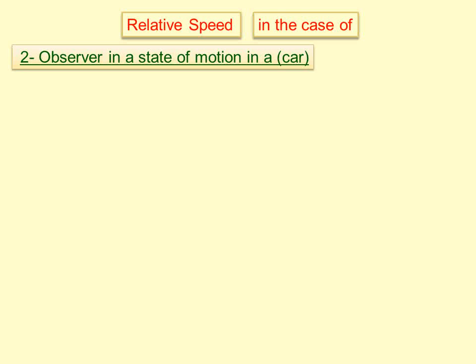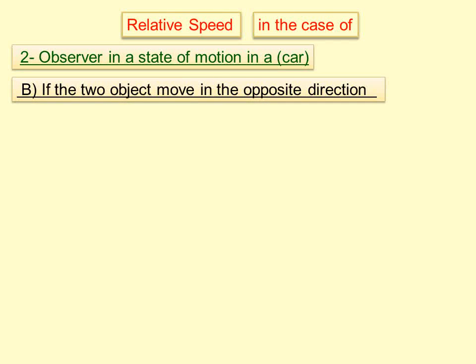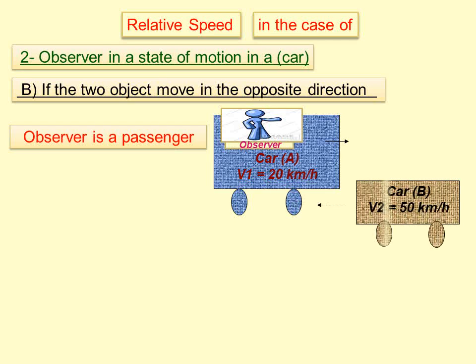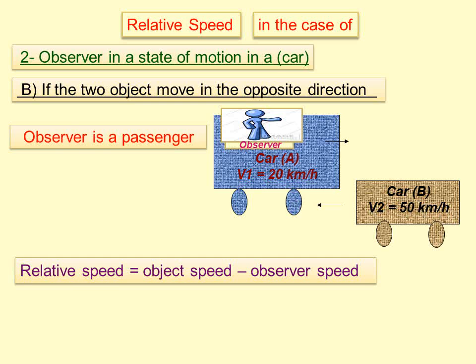Now the relative speed in case of the observer in motion, but the two objects move in opposite directions. Here the observer is a passenger in car A, V1 equals 20 kilometers per hour, and car B moves in the opposite direction to it, V2 equals 50 kilometers per hour. The same rule: relative speed equals object speed minus observer speed.